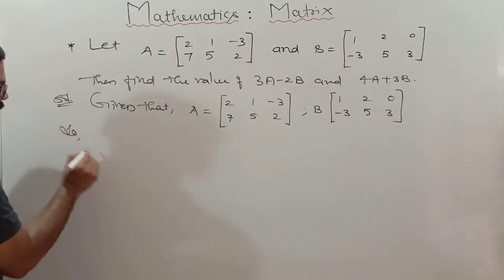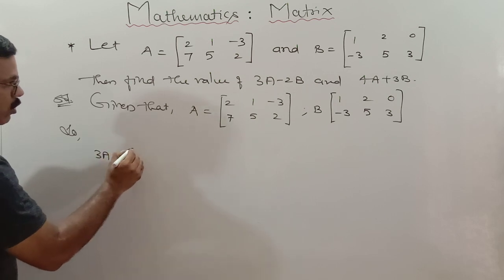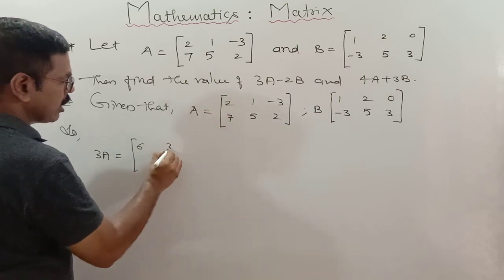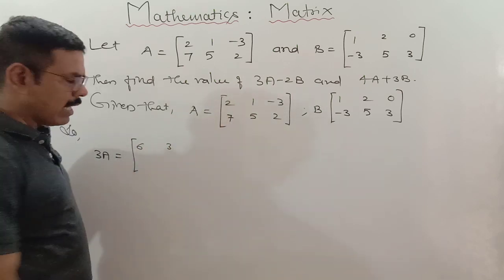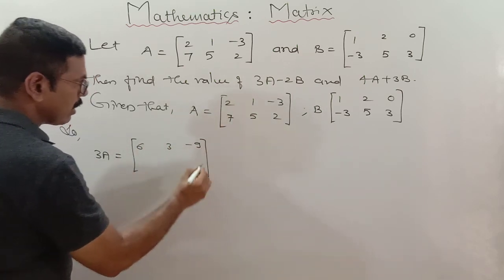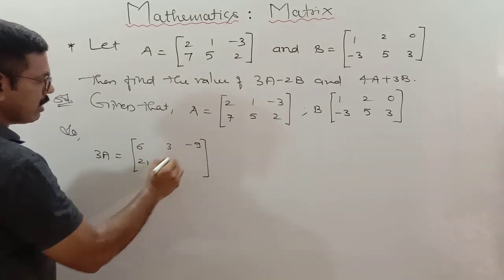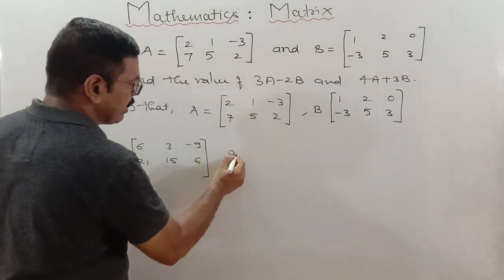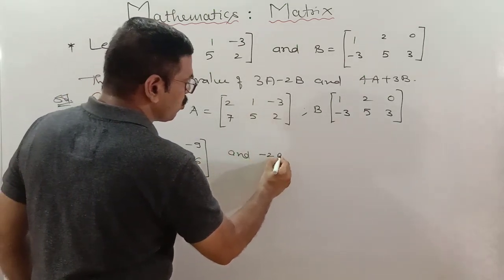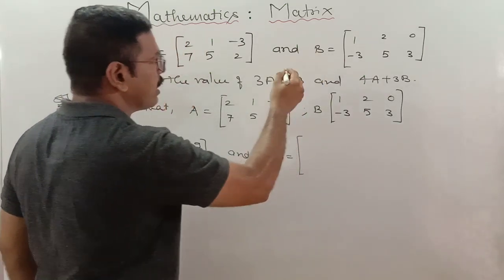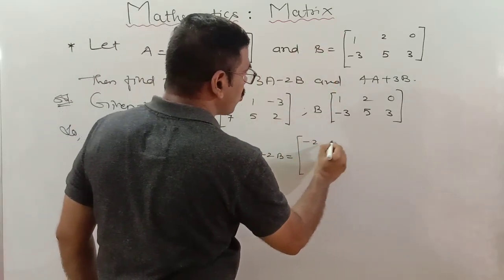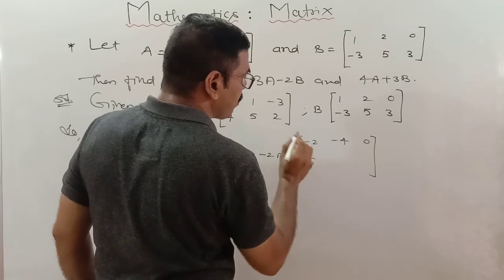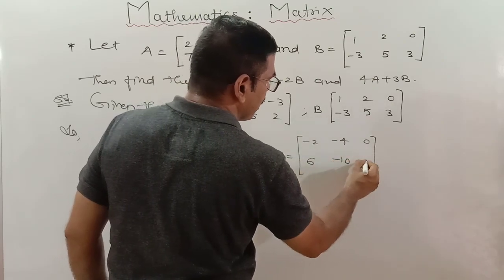So 3A is equal to 3 times A, we multiply by 3: 3 times 2 is 6, 3 times 1 is 3, minus 9, 3 times 7 is 21, 3 times 5 is 15, 3 times 2 is 6, and minus 2B will be equal to, see, multiplying by minus 2: minus 2, minus 4, 0, minus minus plus 6, minus 10, minus 6.